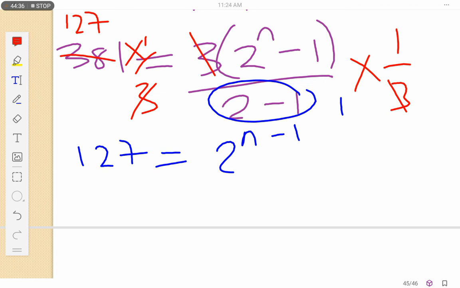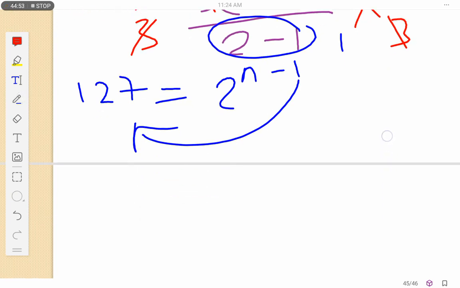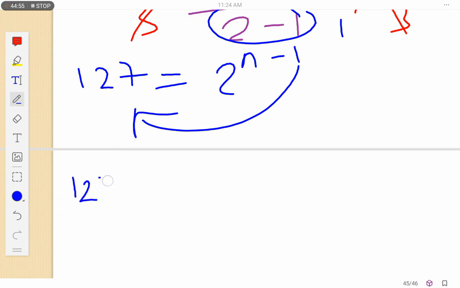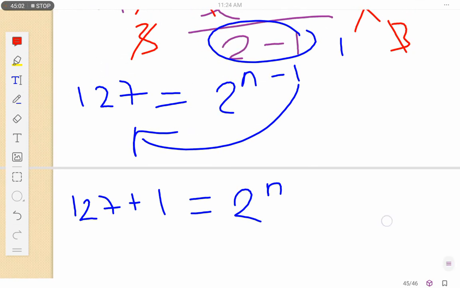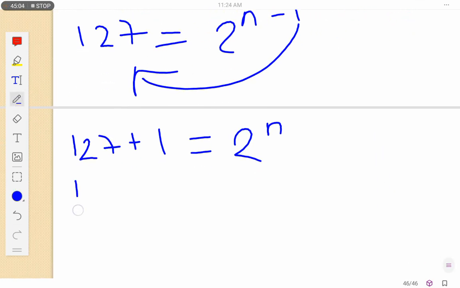When we have something like this, we can move the minus 1 to this side. So at the end of the day, I'll have 127 plus 1 equals 2 to the power of n, and this becomes 128. 128 equals 2 to the power of n.